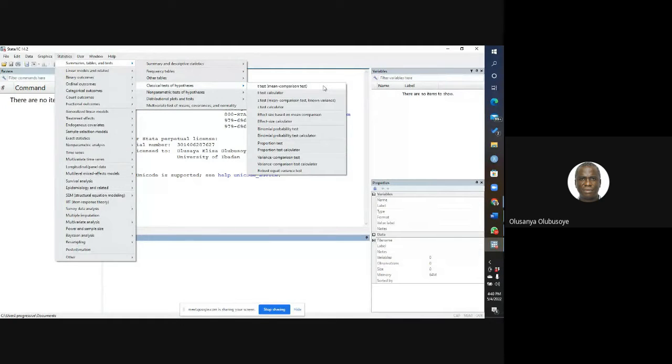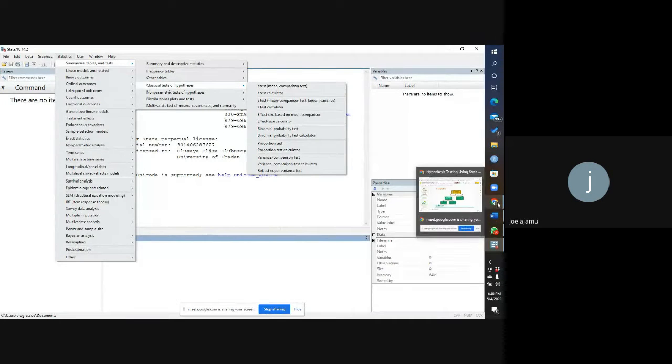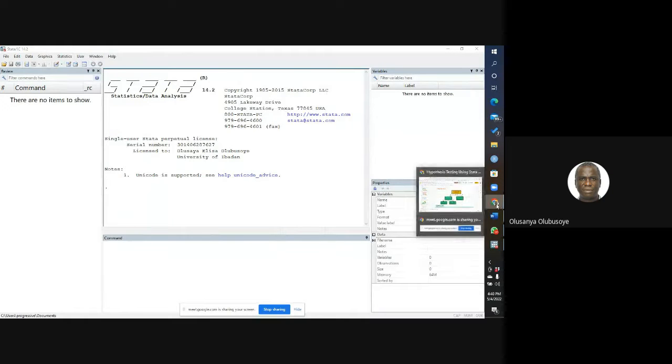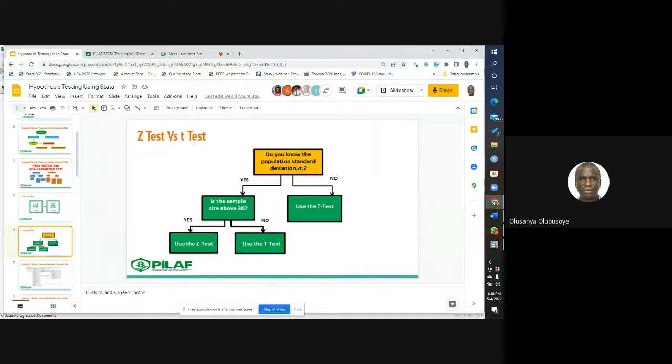Does it make sense now? Yes, sir. But for clarification, what is the difference between the T test and the Z test? I've made it clear that the t-test, you use it when the population standard deviation is not known and the sample size is small.